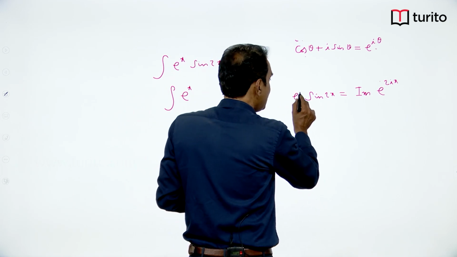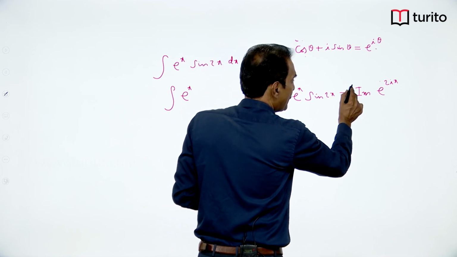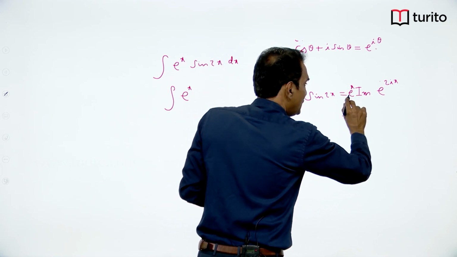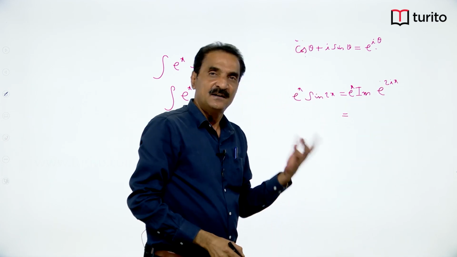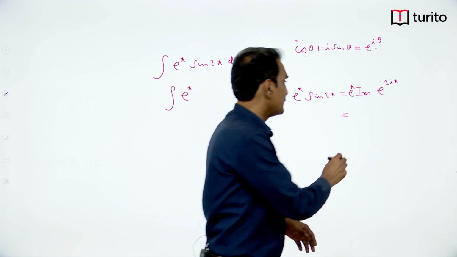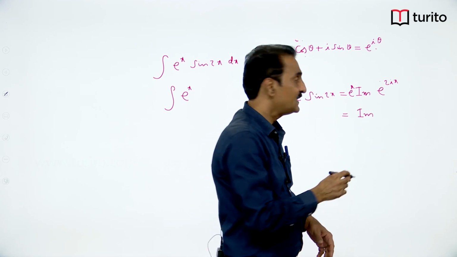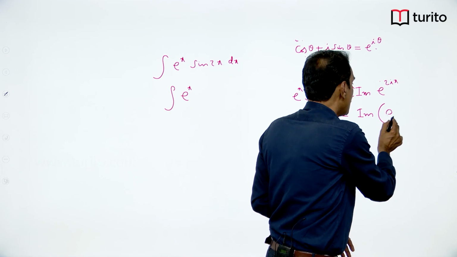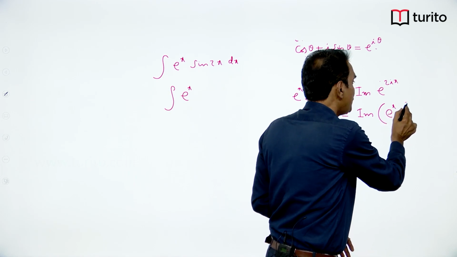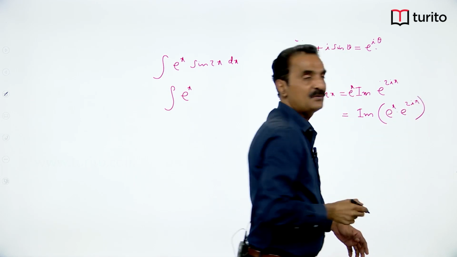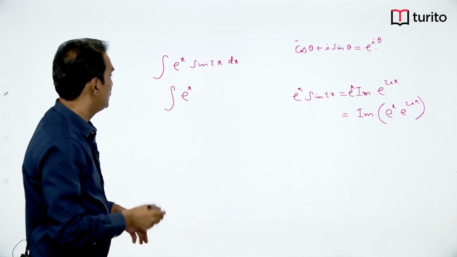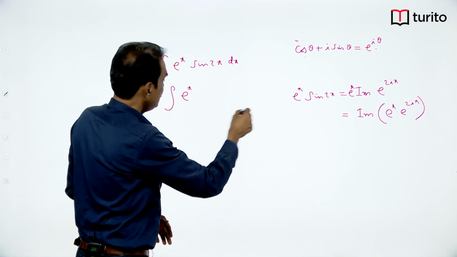If you multiply by e power x, even if e power x goes inside, it is still the imaginary part. So we can write e power x sin 2x as the imaginary part of e power x into e power 2ix. Then what is it?